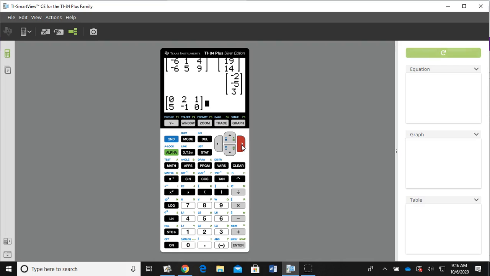Hit the right arrow after you type them in. Will it do an error if you try to multiply two that can't be multiplied? Yes, it will. It should say error.